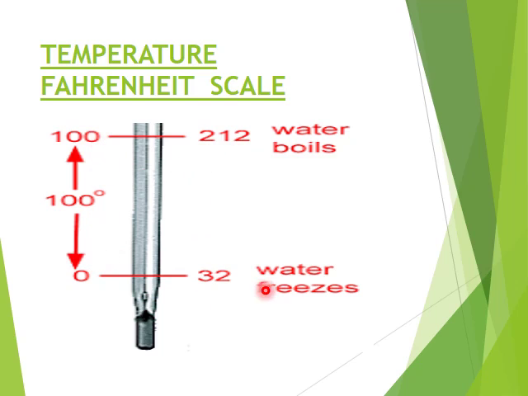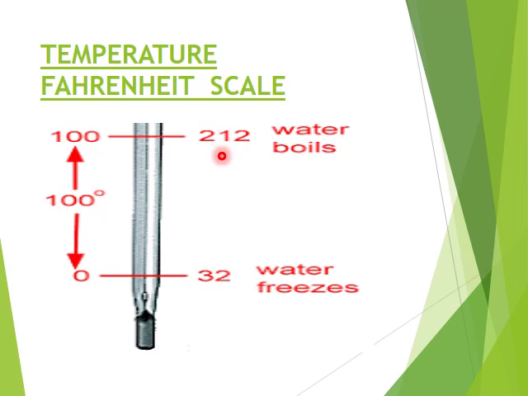My dear students, in this Fahrenheit temperature scale, the freezing point of water is 32, which is equal to 0 degrees centigrade. And the boiling point of water in Fahrenheit is 212.